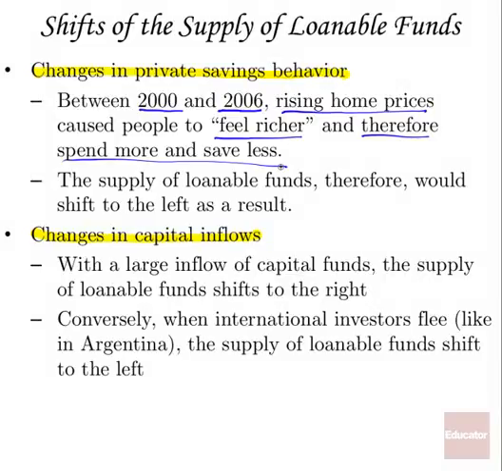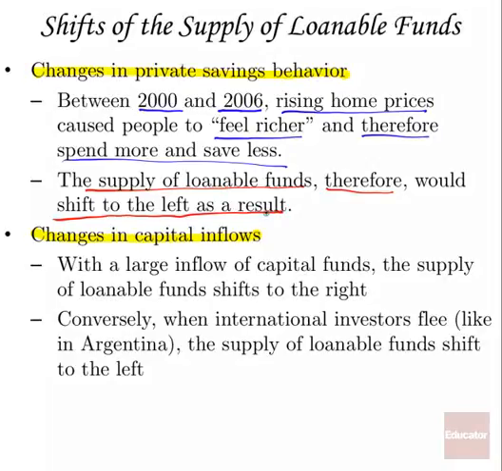So the supply of loanable funds is going to decrease to the left because you're going to save less and spend more. So the supply shifts to the left when you have less savings because you're going to spend more of it, right?